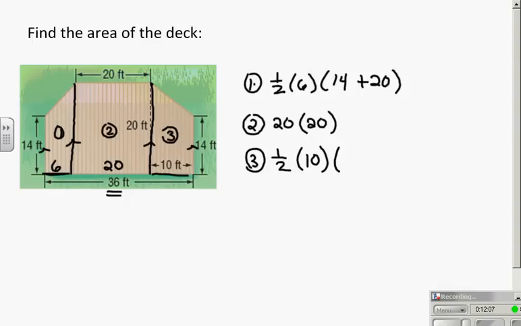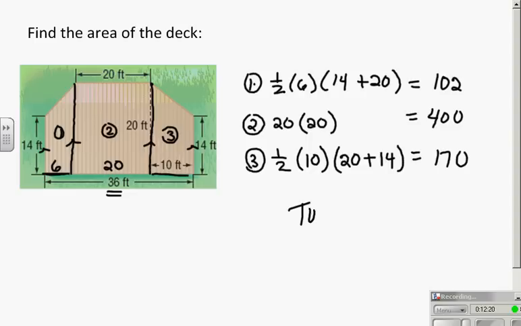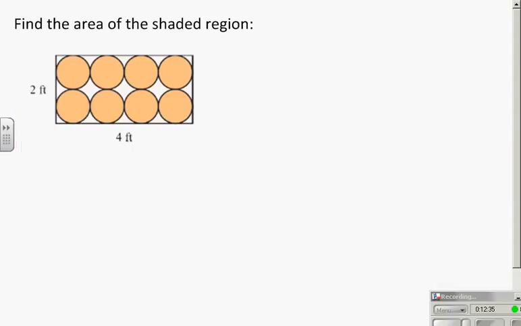And area 3 is going to be 1/2 of the height, which is 10, times the sum of the bases, which is 20 plus 14. When you work those out, you end up with 102, 400, and 170. So my total, when you add them all together, is 672 feet squared.